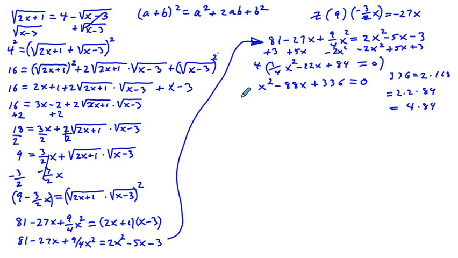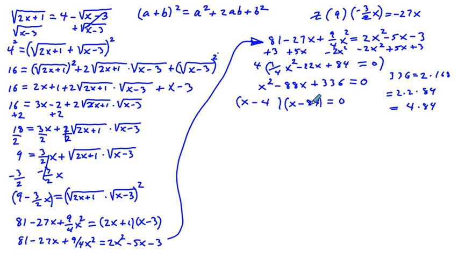So what we have for our factoring is this. We have x minus 4 times quantity x minus 84 equal to 0.